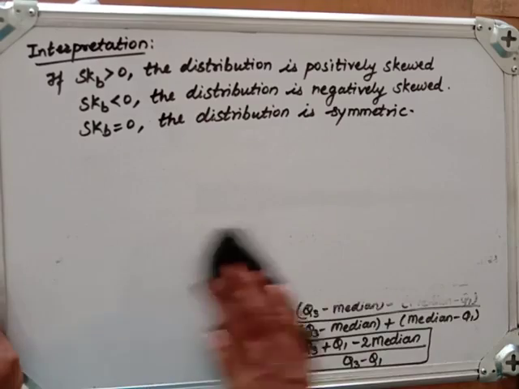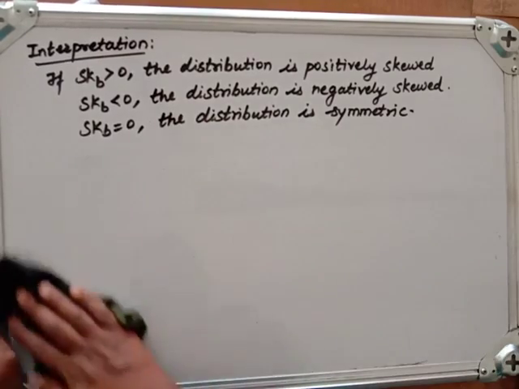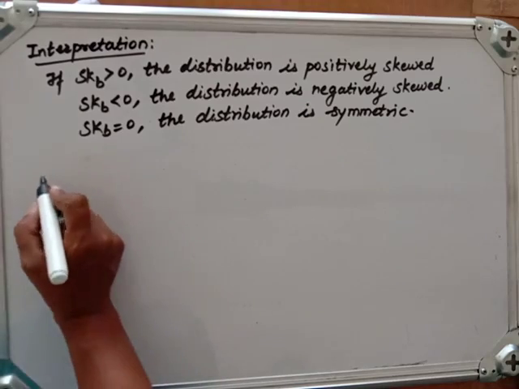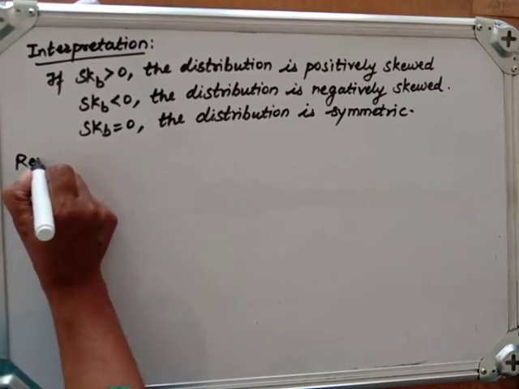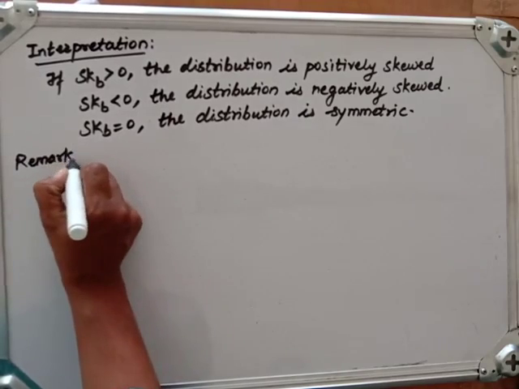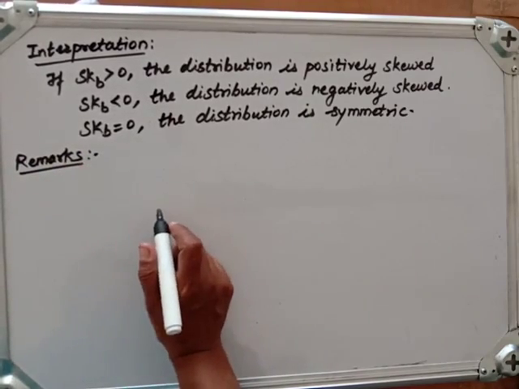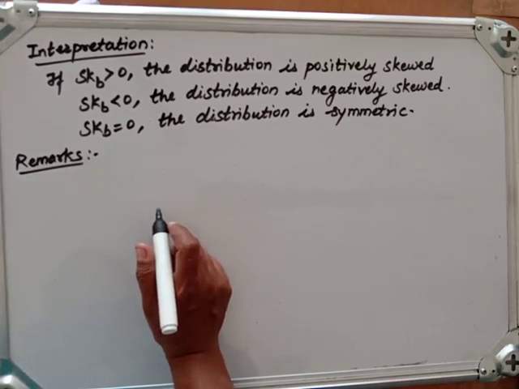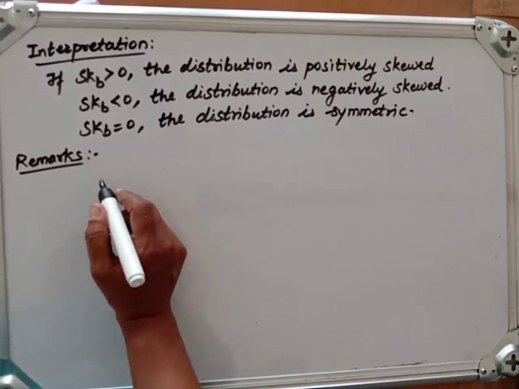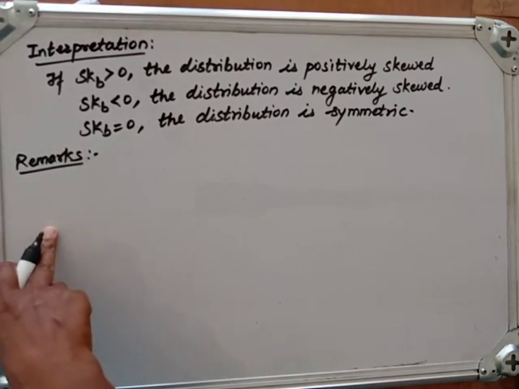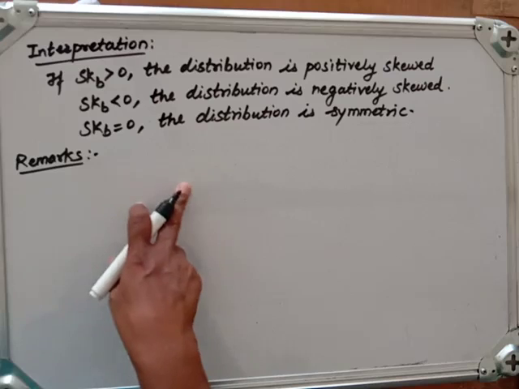But there are some remarks. One more thing I want to tell, we are unable to compare Pearson's coefficient of skewness and Bowley's coefficient of skewness, because that one depends on measures of central tendency and this one depends on what?